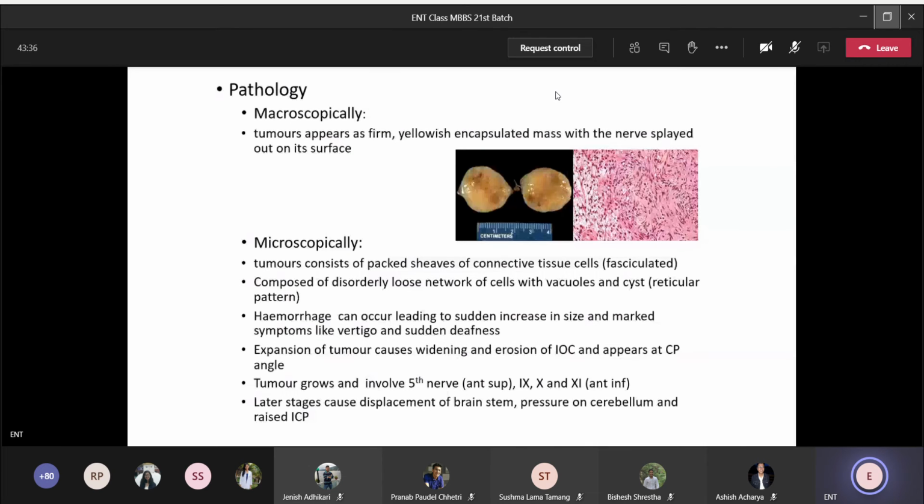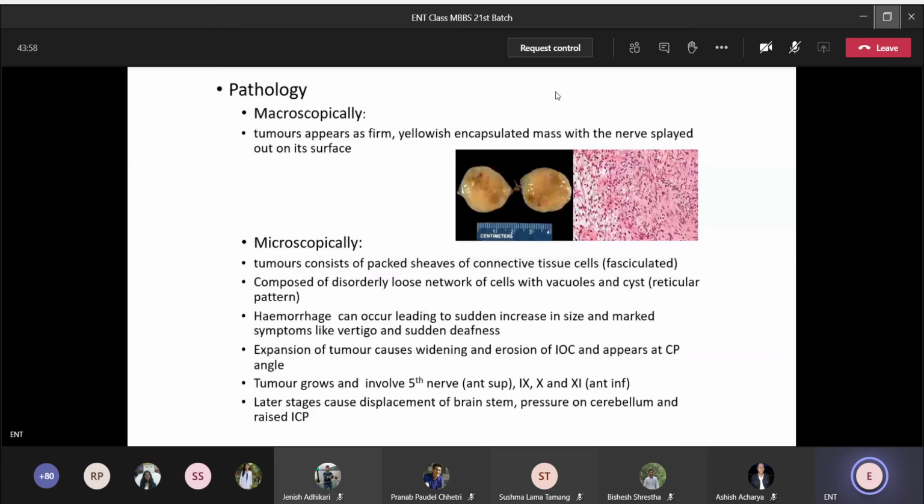Now, if you look at the pathology, macroscopically and microscopically, you can see the first picture of how it is seen macroscopically. The tumor appears as a firm, yellow, encapsulated mass with the nerves splayed out on its surface.